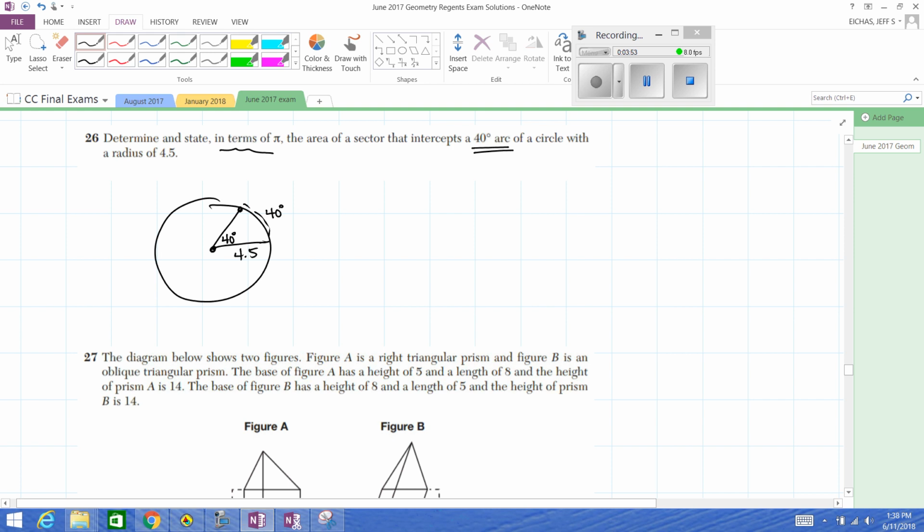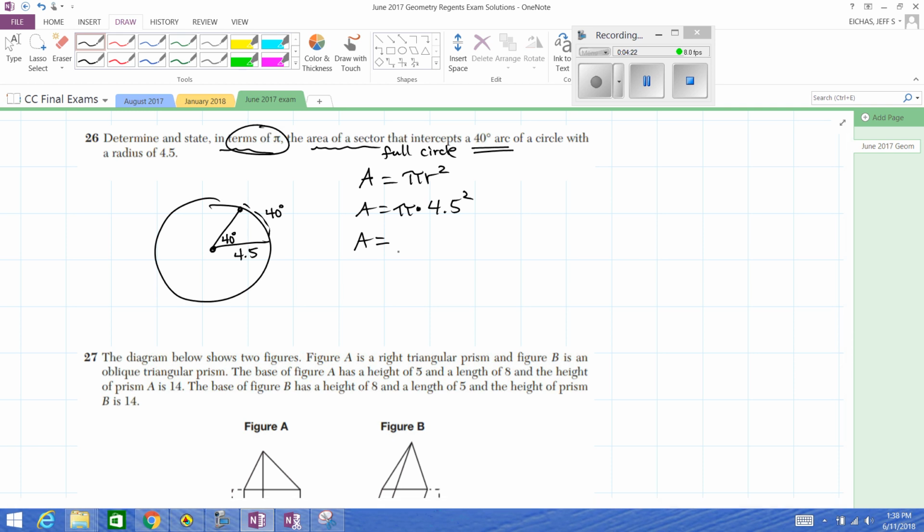Central angles are equal to their intercepted arcs. What I usually do for area of a sector is I first get the area of the full circle, which is pi r squared. I'm going to leave it in terms of pi because that's what they want. So it's 4.5 squared, so the area, I believe, is going to be around 20.